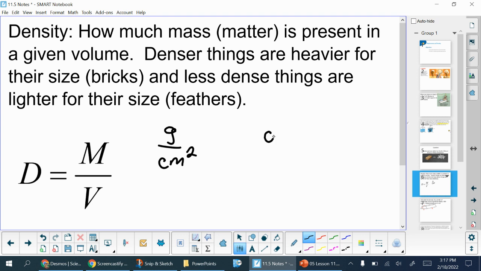In the U.S. system, you might see something like ounces per cubic inch, or pounds per cubic foot. Things like that. Those are all going to be measures of density, right? Some of these are actually mass, and some of these are actually weight. But again, we're going to live with that for now.